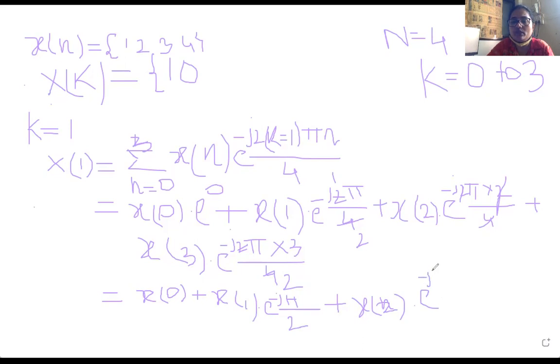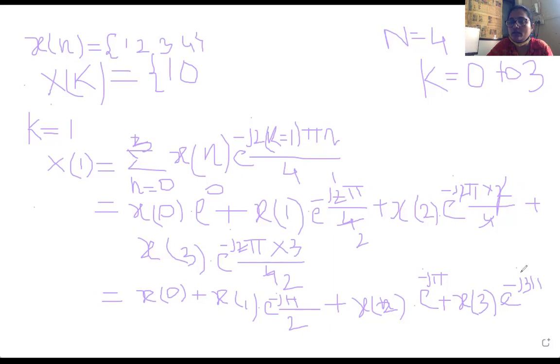And finally, the last value is x of 3 multiplied by e raised to minus j 3 pi upon 2.